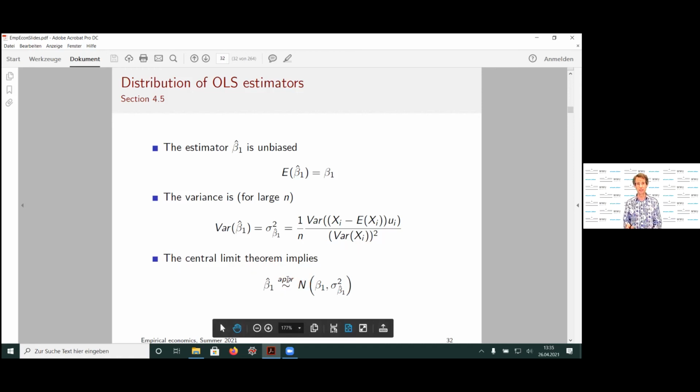And this is very handy because if it has a normal distribution, we know the quantities. And if you think back again to statistics 2, where we talked about t-tests and confidence intervals for the expectation of a random variable, we always used the normal distribution.